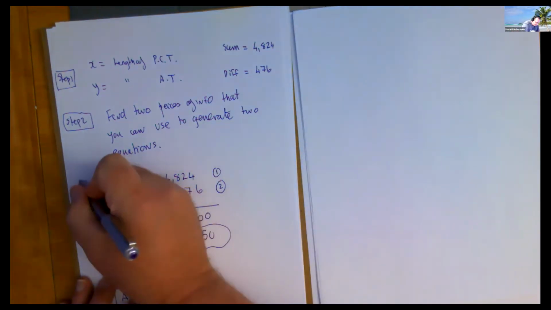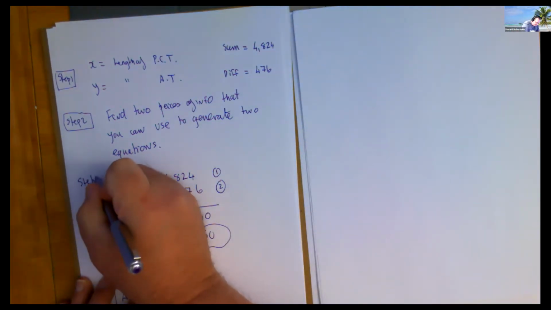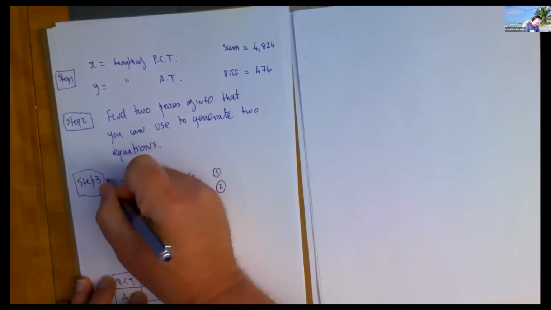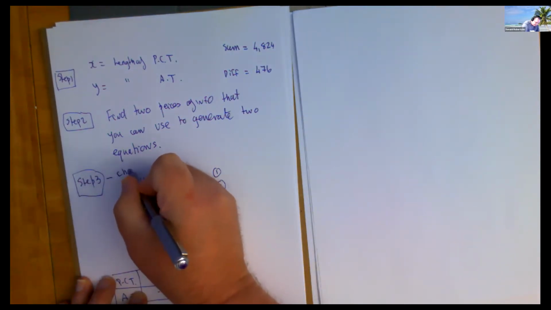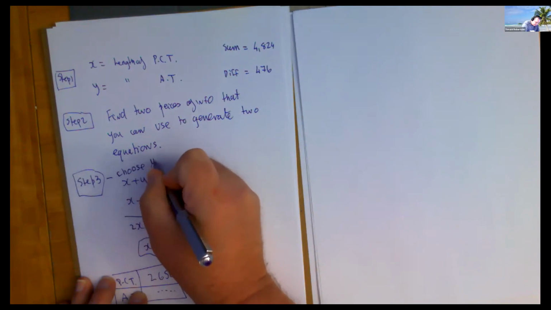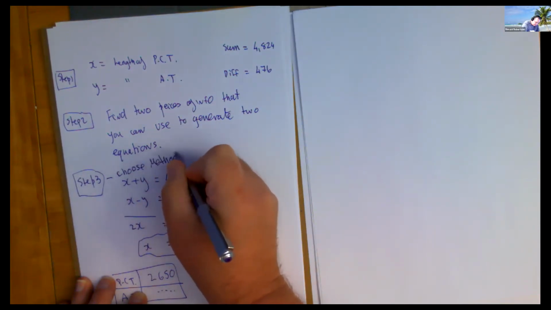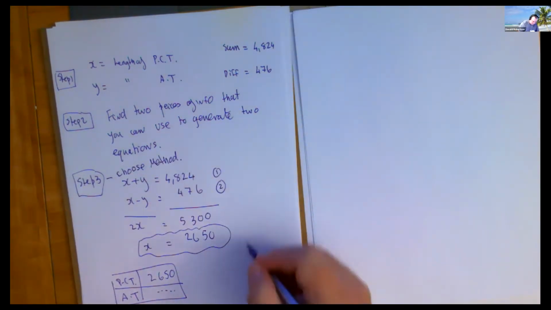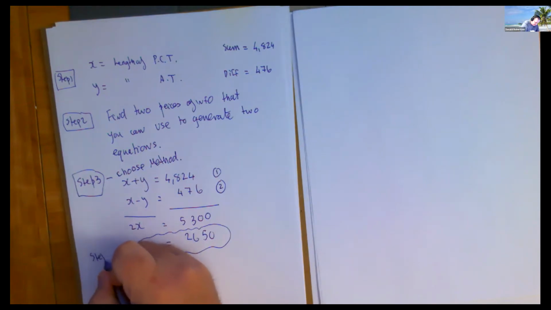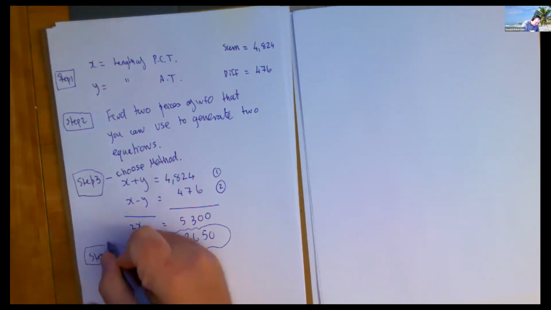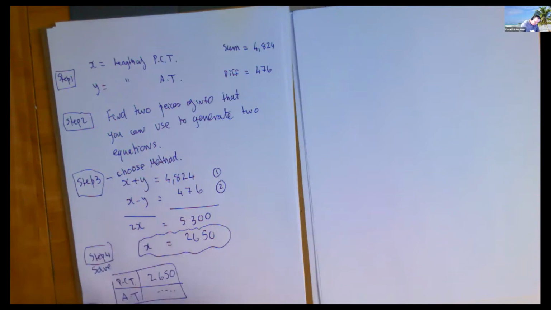Oh, I forgot to put in step 3. Step 3, choose your method. And step 4, solve the problem. So you see it's a 4-stage process.